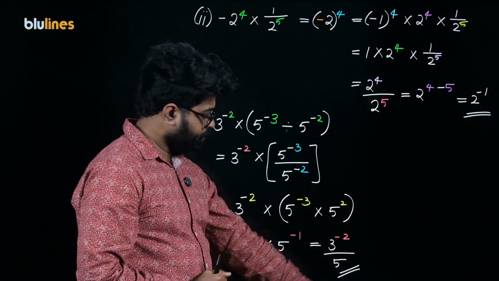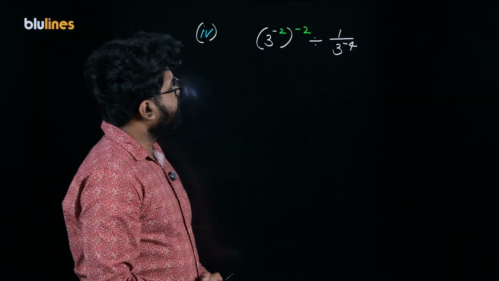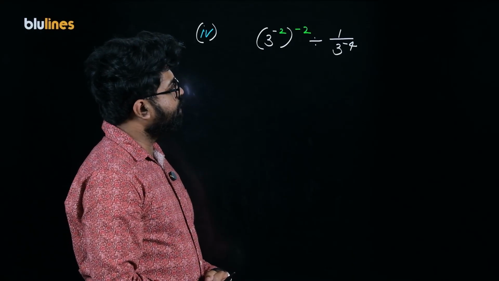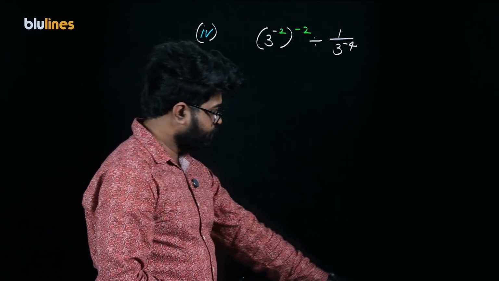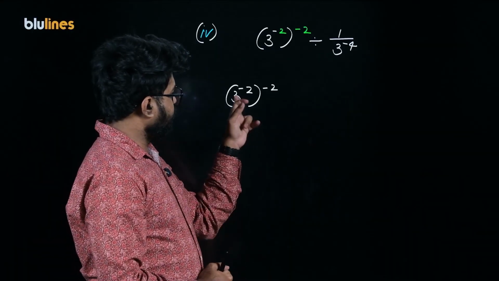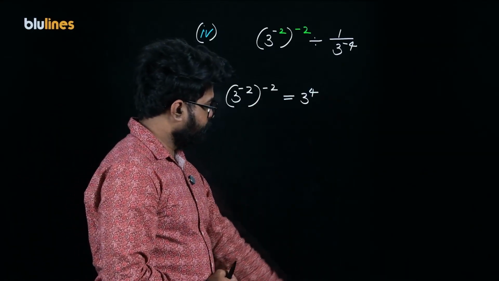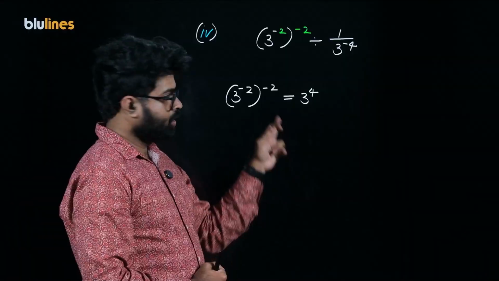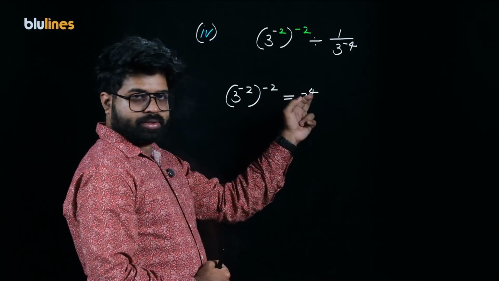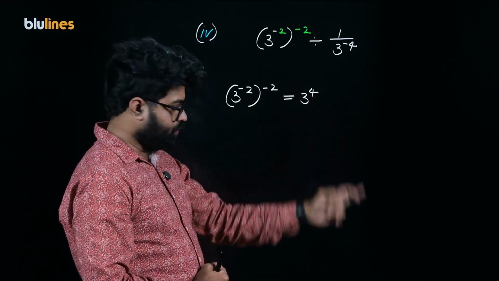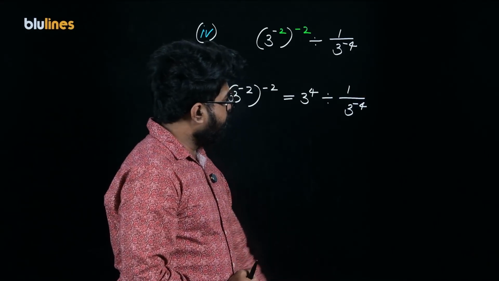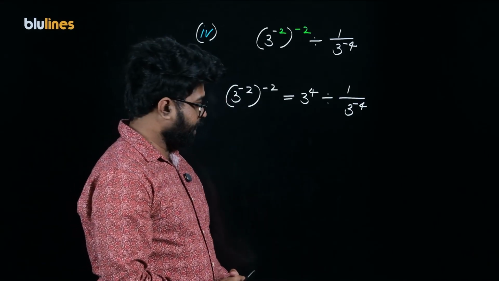So 3 raised to minus 2 divided by 1 by 5 into 1 by 5. Next one, 3 raised to minus 2, the whole raised to minus 2 divided by 1 by 3 raised to minus 4. So what is this? 3 raised to minus 2 into minus 2, which is equal to 3 raised to 4. A into B, AB. So negative 2 into negative 2, positive 4, divided by 1 by 3 raised to minus 4.